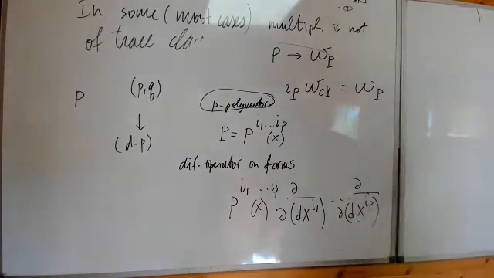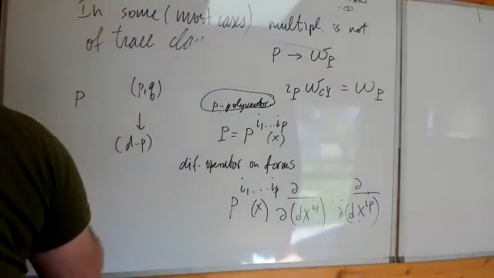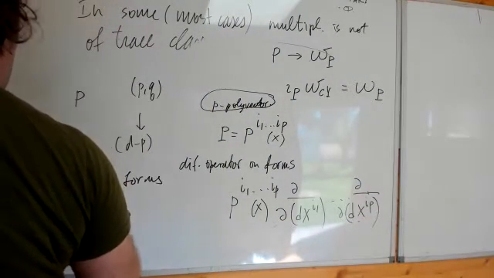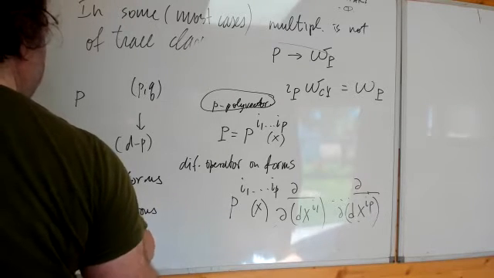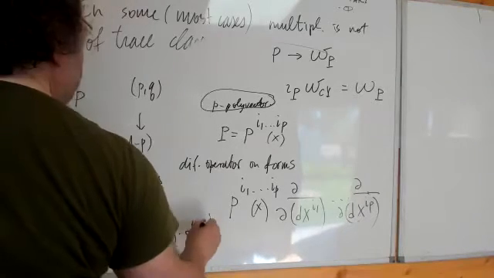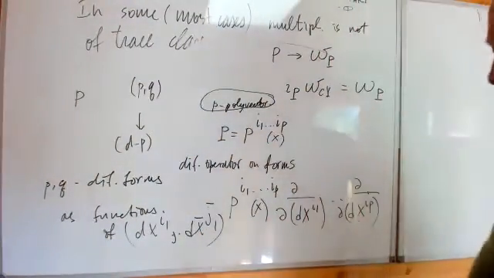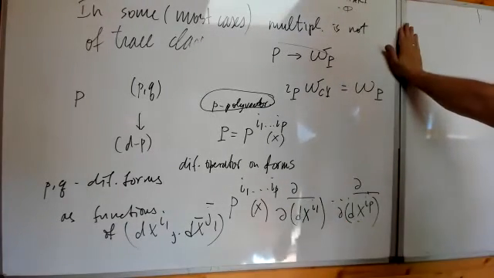I want to understand PQ differential forms as functions of dx i, dx j bar. I would like to consider them as odd coordinates. So I can have such a differential operator.